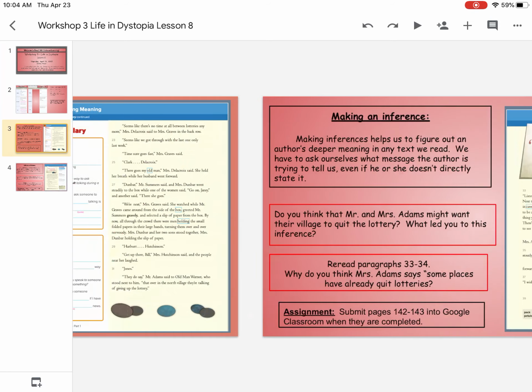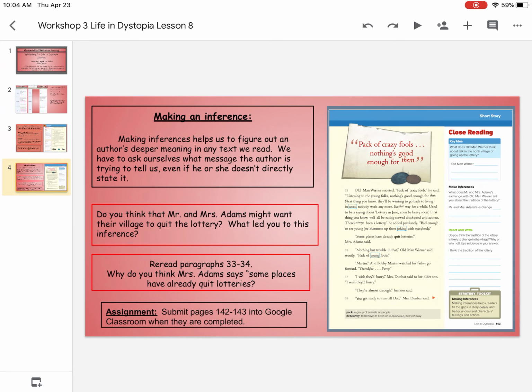and then what we're going to do quickly before we reread these 2 pages, I want you to look at the top of page 143 where it says close reading. And we're going to look at the key idea question because you'll be responsible for finding evidence to answer this question. And the question is, what does Old Man Warner think about talk in the North Village of giving up the lottery?